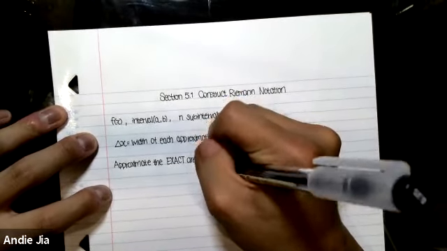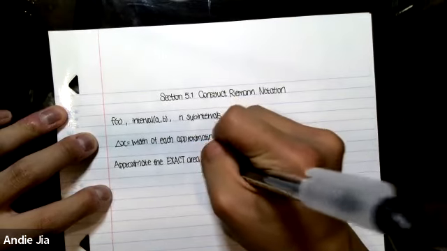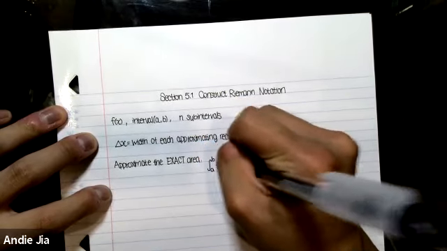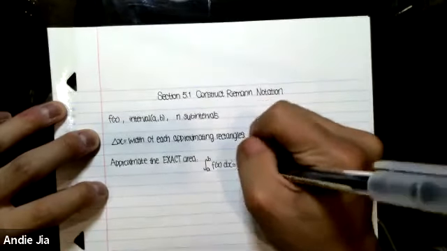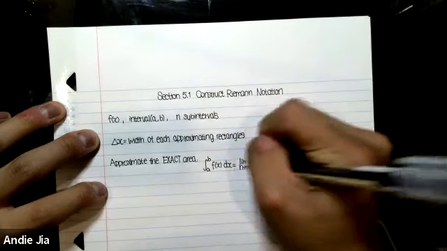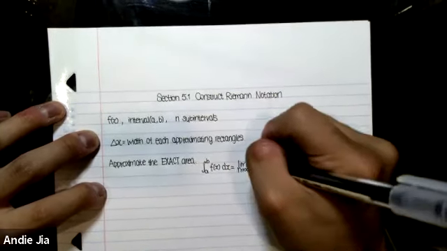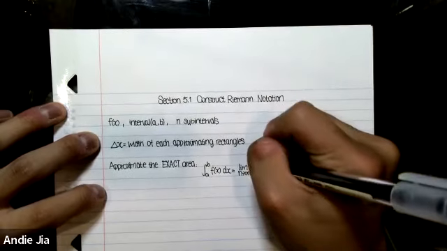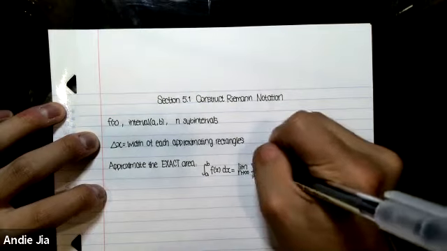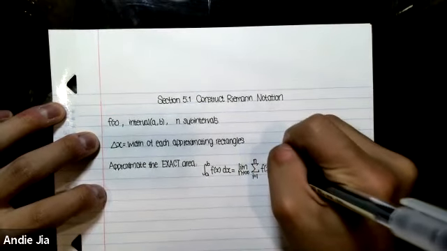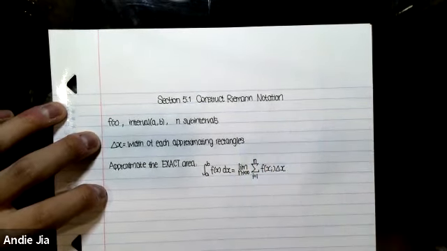This notation, the integral from a to b of f of x dx, is like a limit as n approaches infinity, using sigma notation. And what is x_i? It is the ith approximating rectangle under the curve.